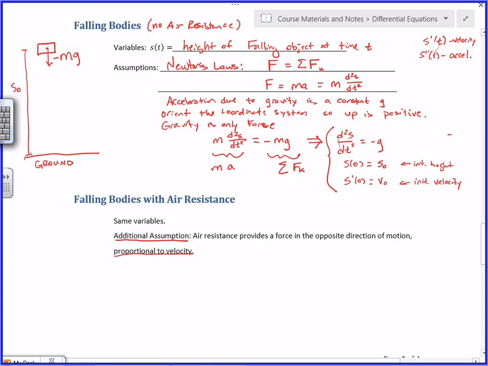So the faster the object is moving, we're going to assume that the force of air resistance gets greater, that they are directly proportional to each other. It's actually not a very good model of air resistance, but it works better than no model at all.